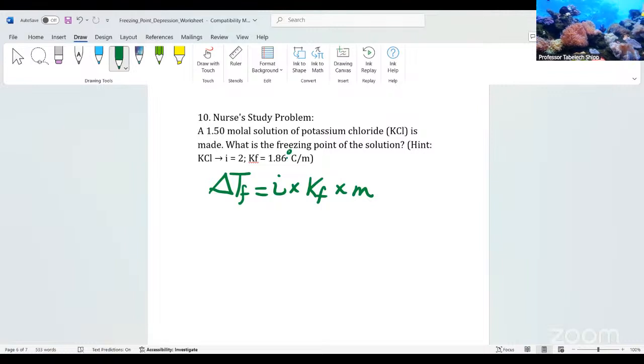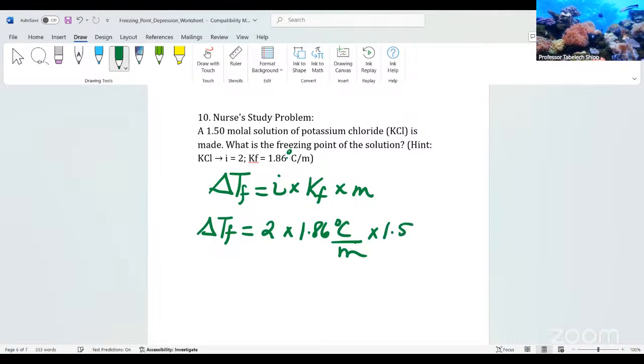Okay, so what are we going to do right here? We're just going to plug those numbers in. The I, they already told you, was 2. The K of F, 1.86 degrees Celsius per molality. And the molality or molal is 1.50. So when they say molal solution, that's what they're talking about. We're going to cancel out those M's because we don't need those M's anymore.